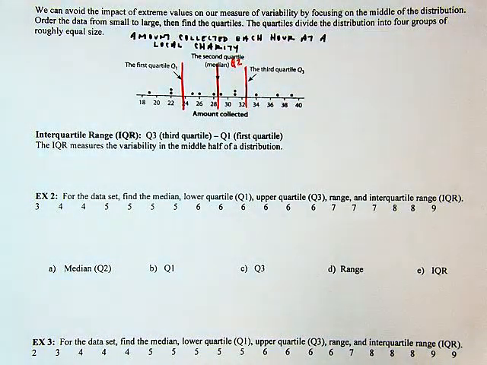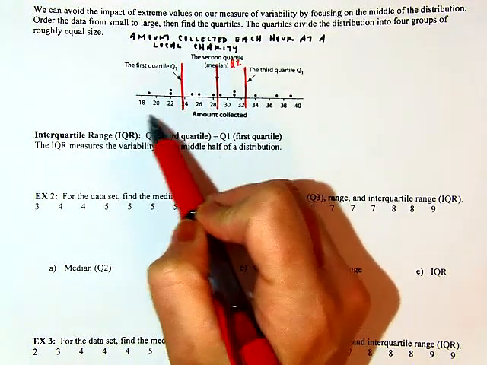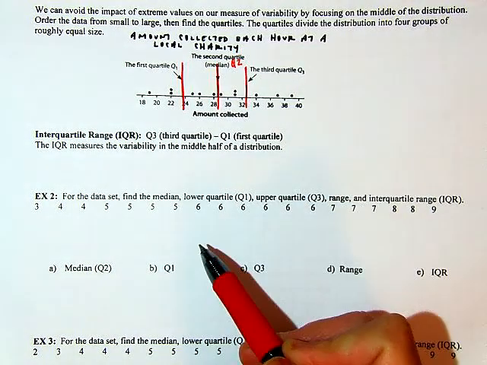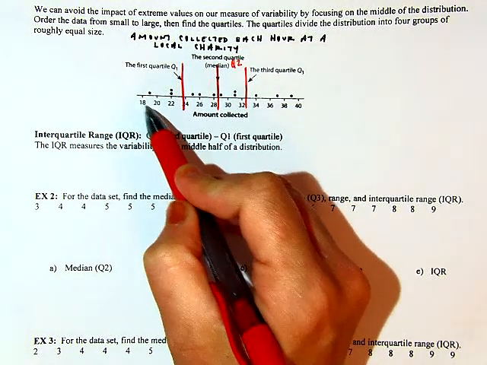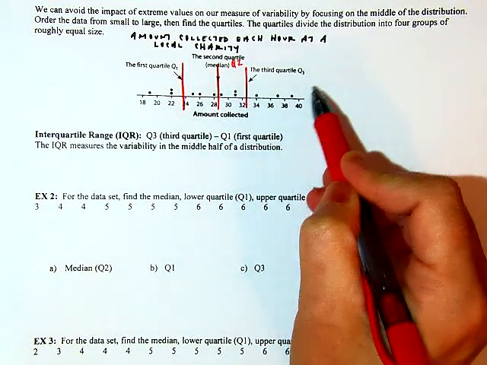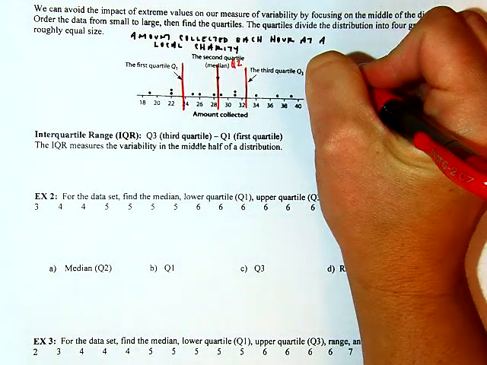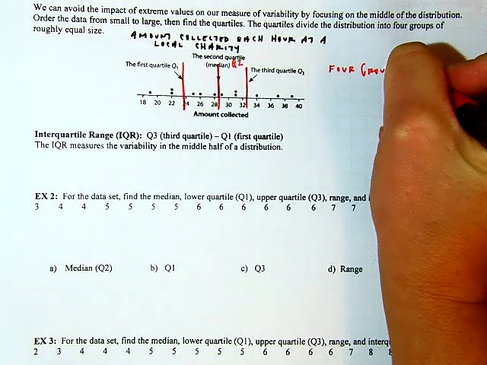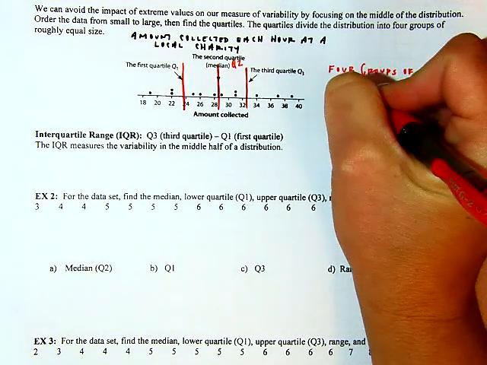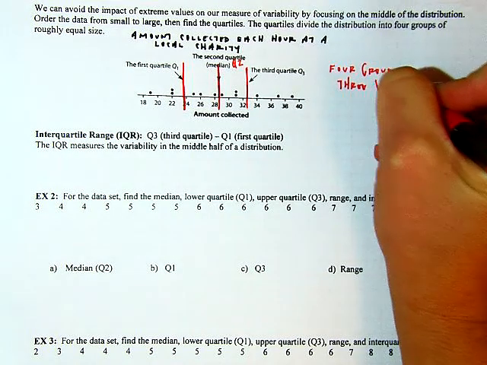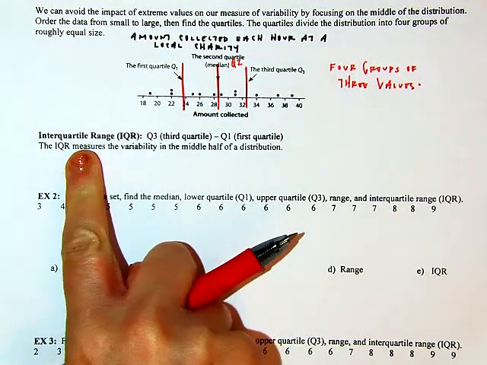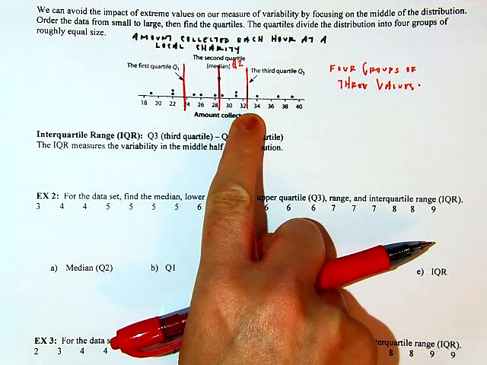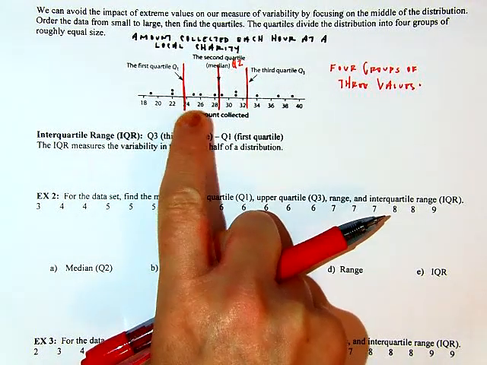So quartile is for quarters. So here I see the first quarter, the second quarter, the third quarter, and the fourth quarter of the data. We essentially have 4 groups of the same size. I have 3 pieces of data here, 3 here, 3 here, and 3 here. So 4 groups of 3 values. So then when we calculate the interquartile range, we're looking at the third quartile, so this measure right here, minus the first quartile, this measure right here.